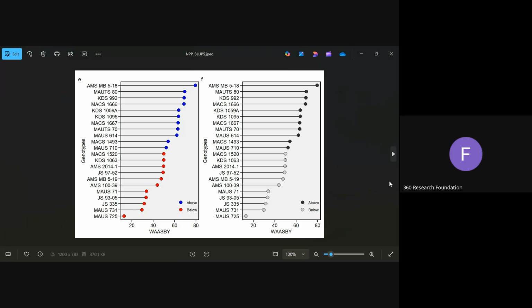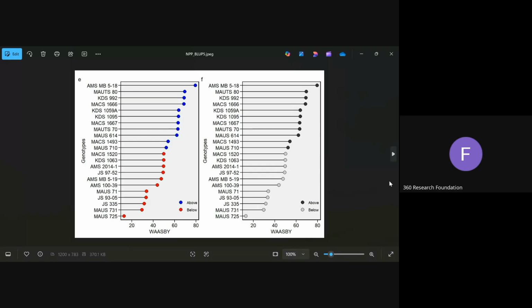So this is WAAS analysis. It is again the ranking of genotypes by using the WAAS model, that is weighted average of absolute score, which will take the mean performance along with the stability.